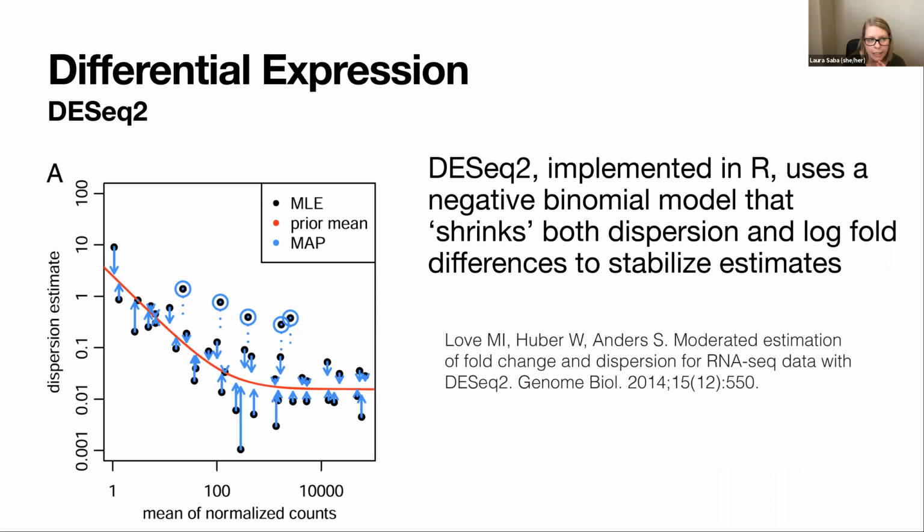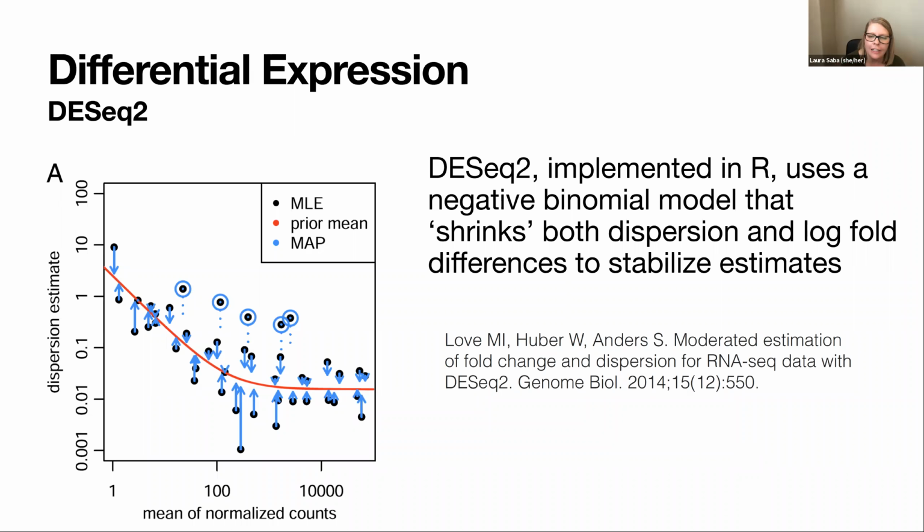A dispersion estimate in a negative binomial model is, conceptually, kind of like variance in a linear model. And so what we're doing here is using information from all our genes to say that our estimate of the dispersion for this particular gene is a little bit off, and so we're going to bring it down and make it a little bit better.